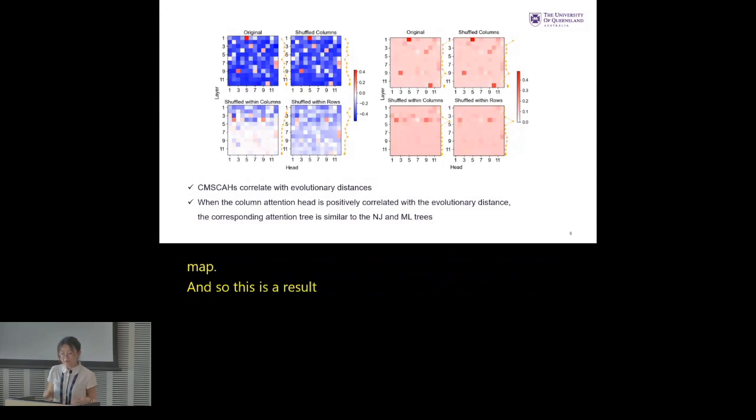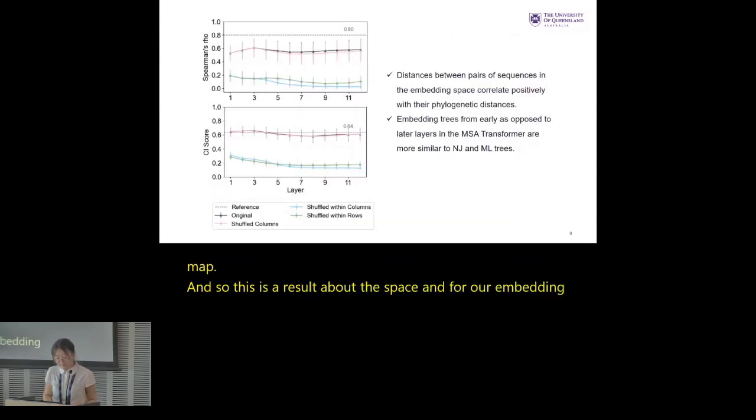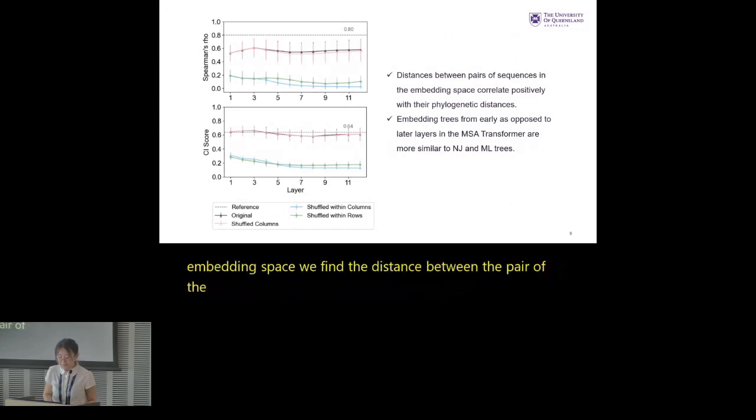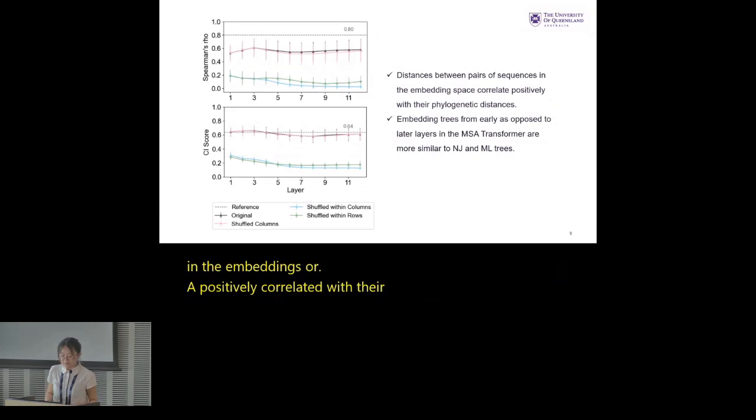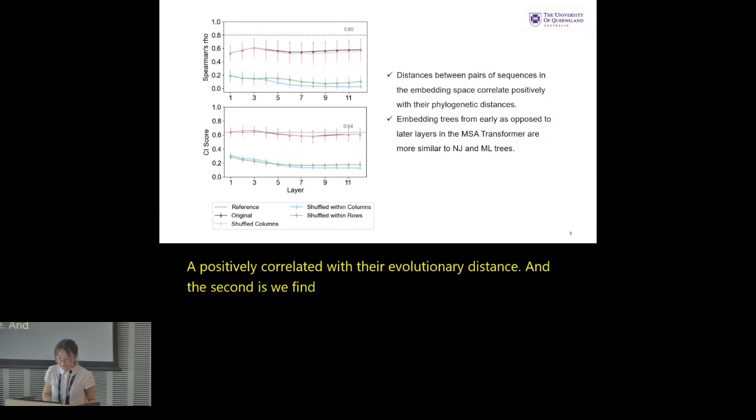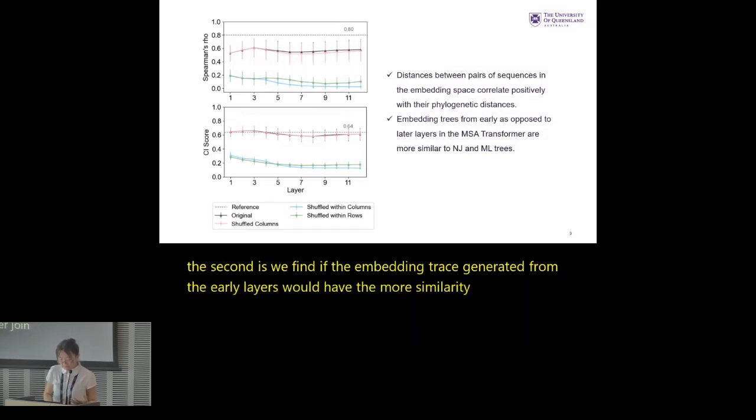And for our embedding space, we find the distance between pairs of sequences in the embeddings is positively correlated with their evolutionary distance. And the second is we find that the embedding trees generated from the early layers have more similarity to the neighbor-joining and the maximum likelihood trees.